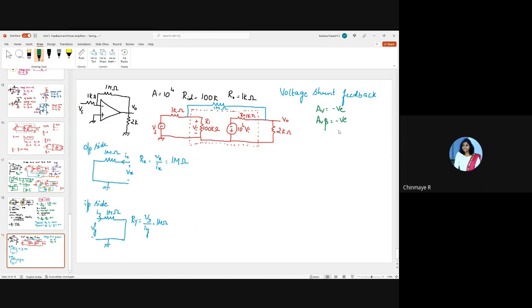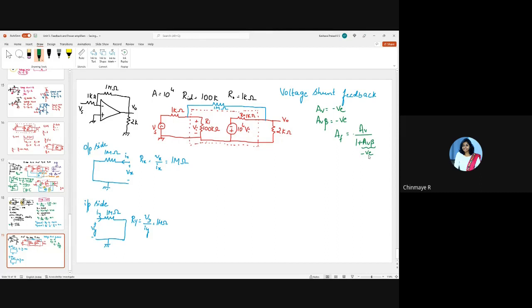So when you get AV into beta negative, see, you want AF to be of the form AV by 1 plus AV into beta. So if this term is negative, then it will look as if you're giving a positive feedback, right? We've seen this earlier. When the denominator is 1 minus A beta, you're giving a positive feedback and not a negative feedback.